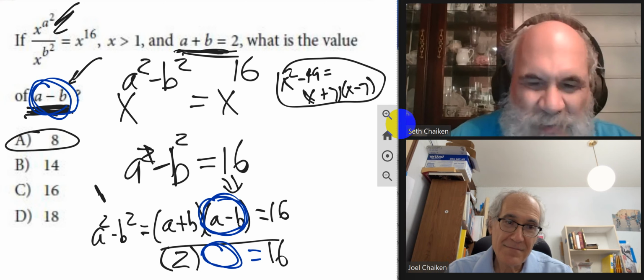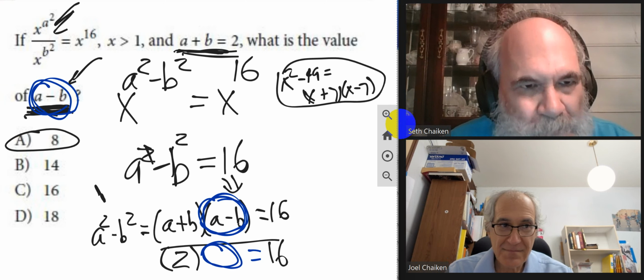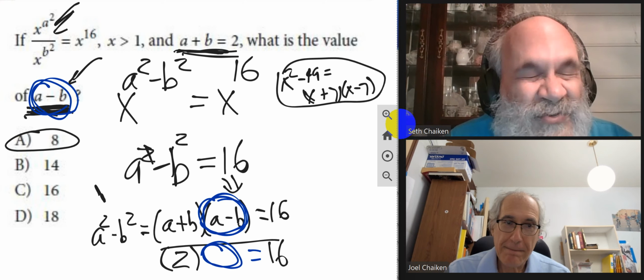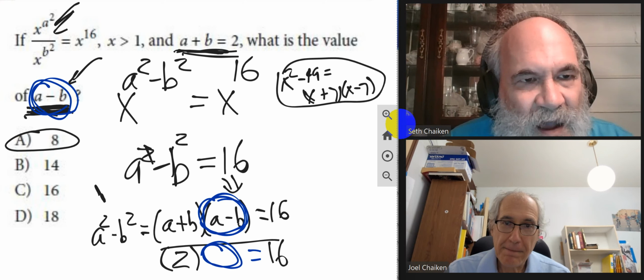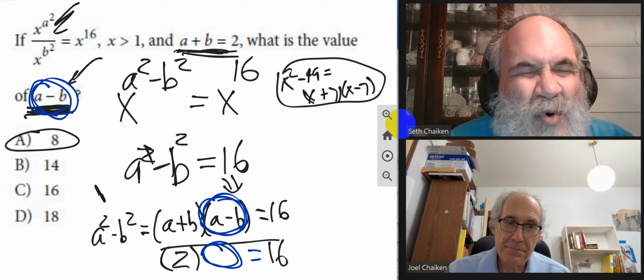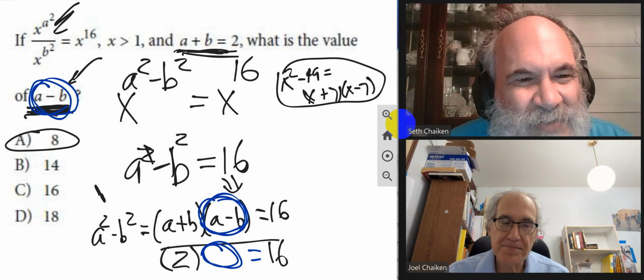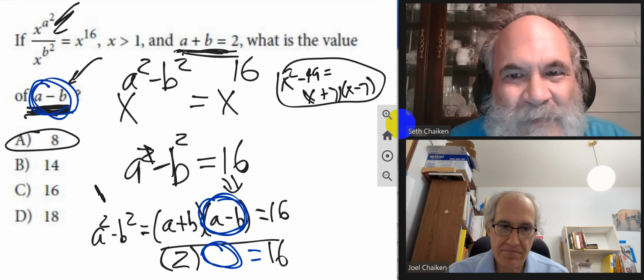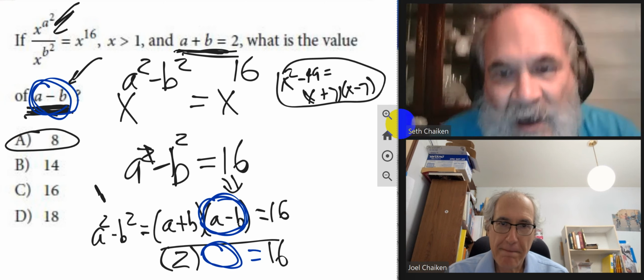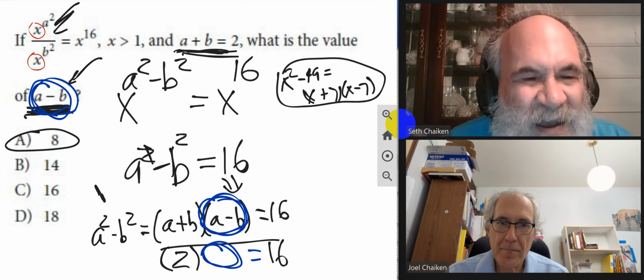What I would add is that as soon as you see a product or quotient of exponentials with a common base, you will not go wrong to simplify it.